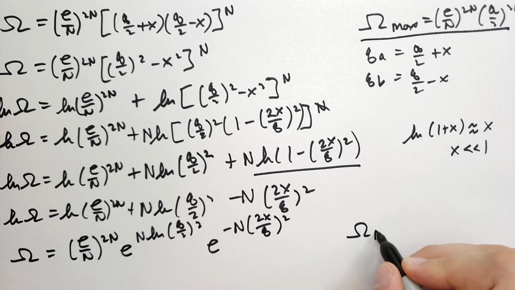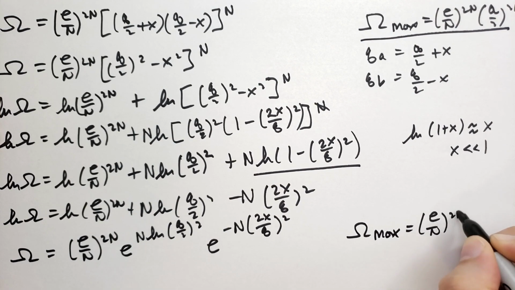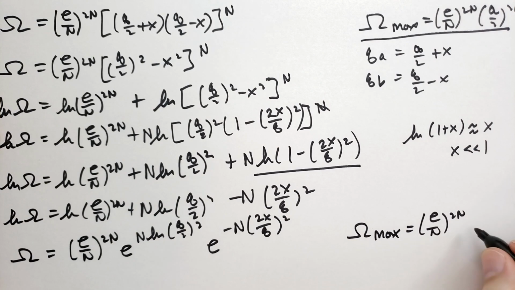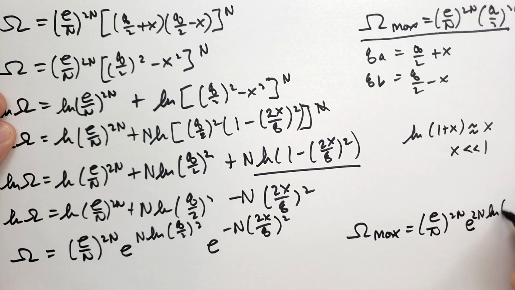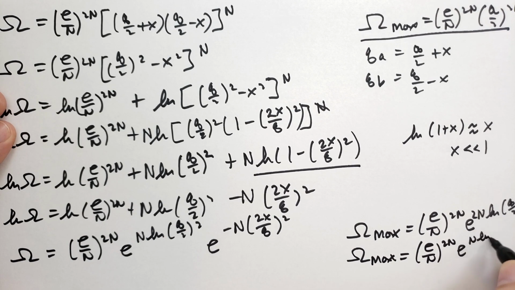We can rewrite omega max as e to the 2n log of Q over 2, and then take that 2 and bring it inside: e to the n log of (Q/2)^2.